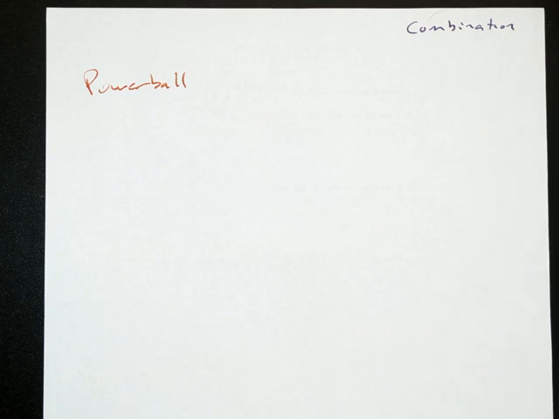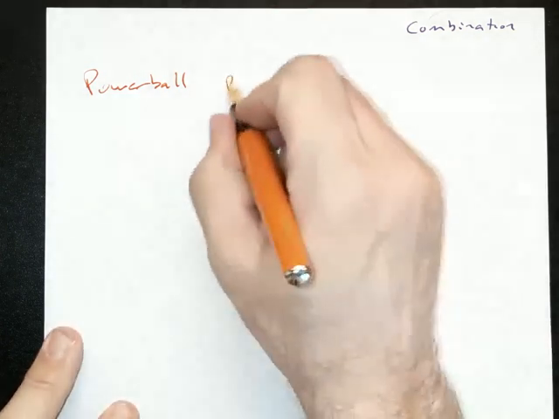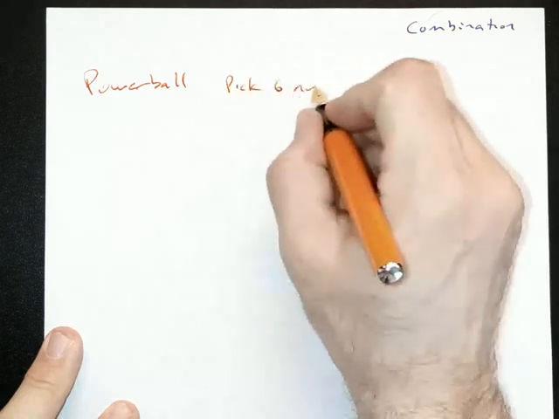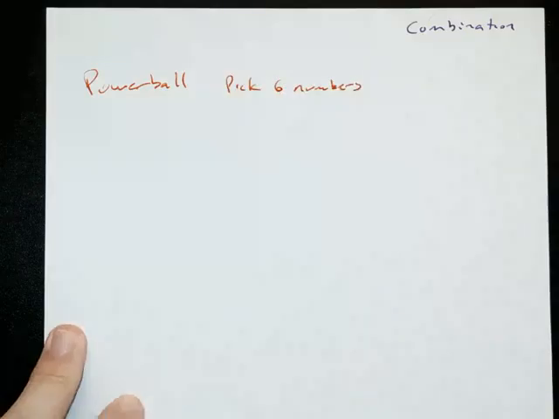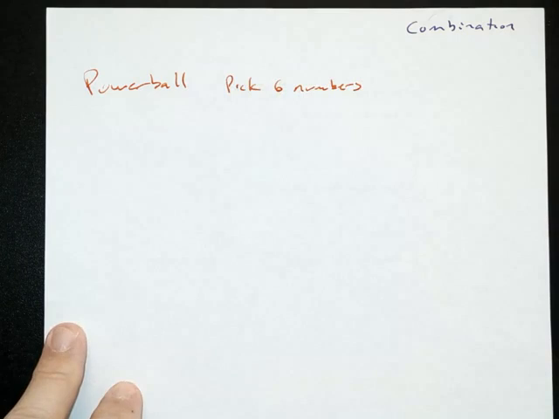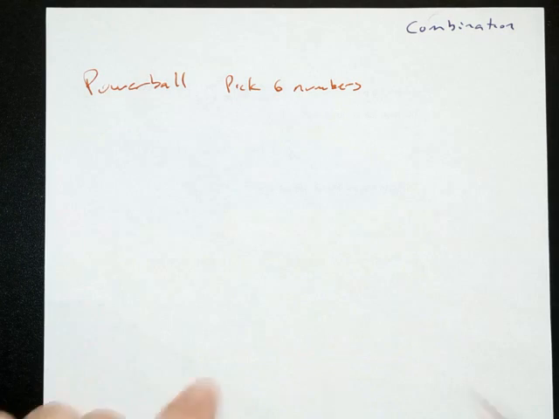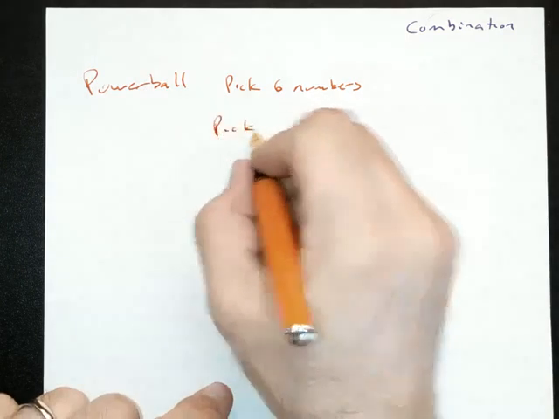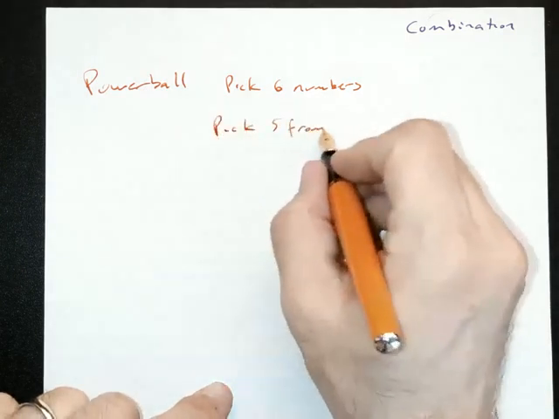You pick 6 numbers. But there's something special about the way you pick them. They come in 2 separate colors, right? There's the white numbers and the red numbers. And you only pick one red number. So you pick 5 from what to what?